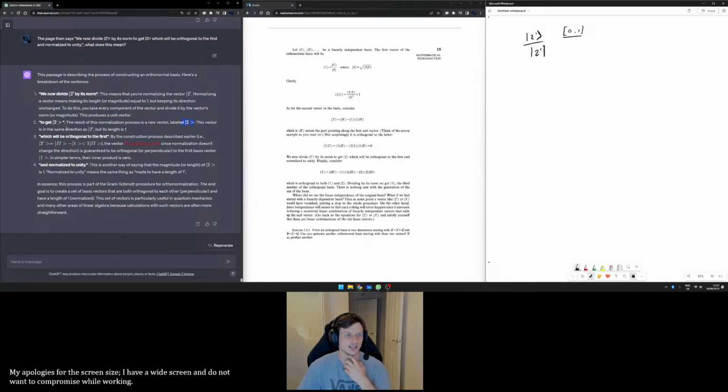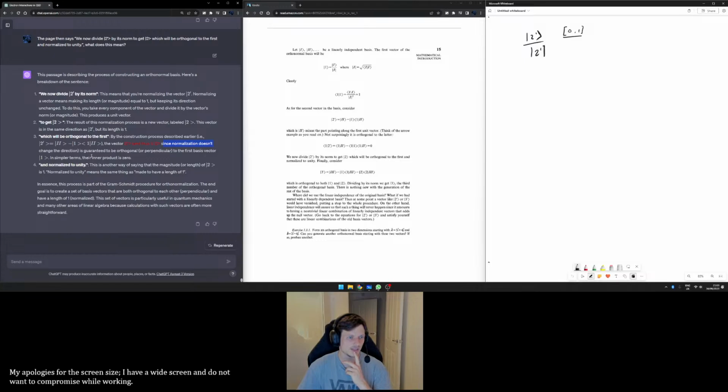This vector is in the same direction as 2 prime, but its length is 1, which will be orthogonal to the first by the construction process described earlier, i.e. 2 prime equals 2 minus 1, the vector 2, and thus 2, since normalization doesn't change the direction, is guaranteed to be orthogonal or perpendicular to the first basis vector 1.